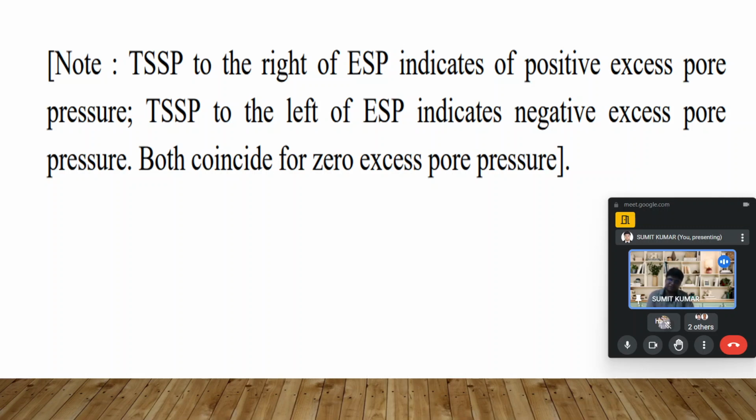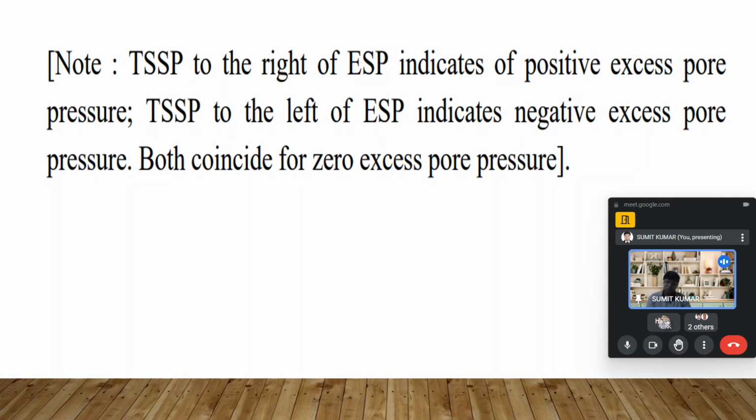If the pore water pressure is positive, the value of effective stress will reduce. But if the pore water pressure is negative, the value of effective stress can increase instead of decreasing. So both instances will give us different results and lead to different situations.